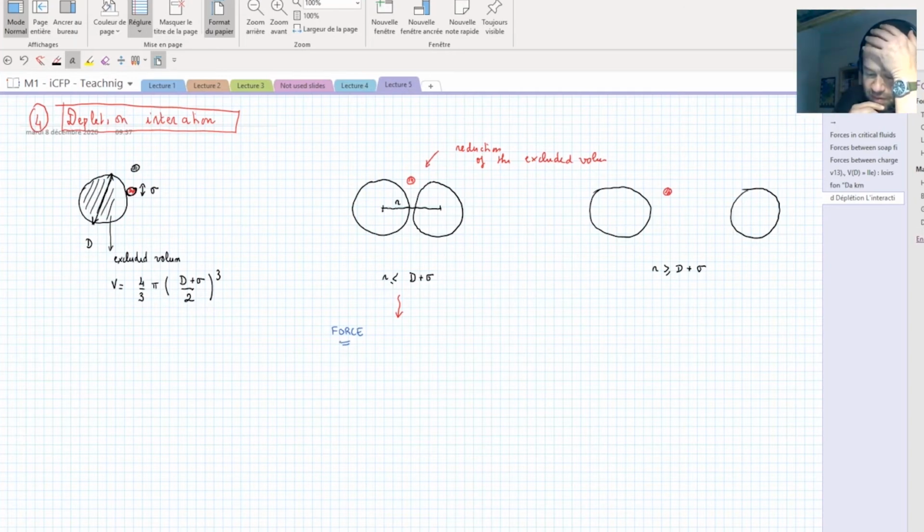So this force, will it be an attractive one or a repulsive one? Attractive?